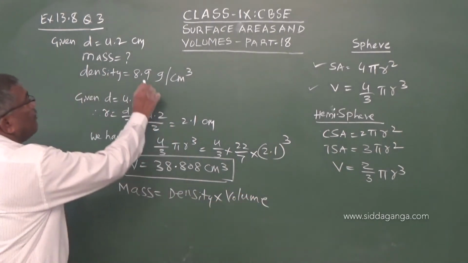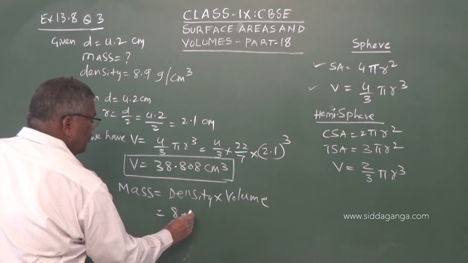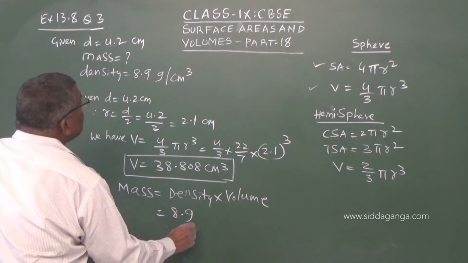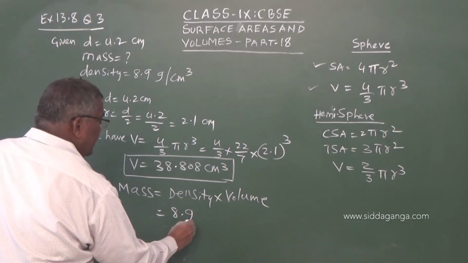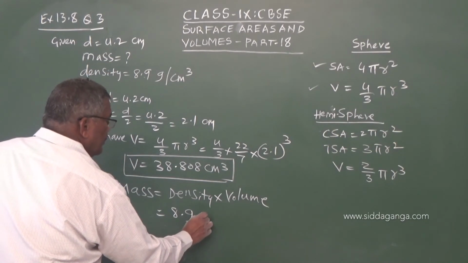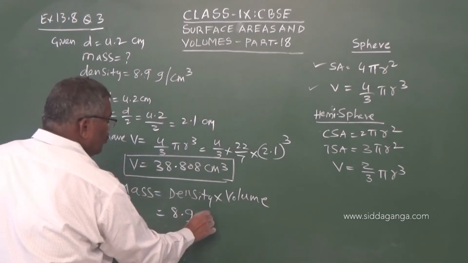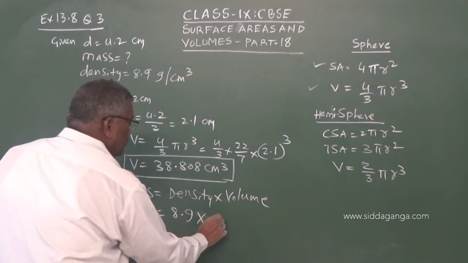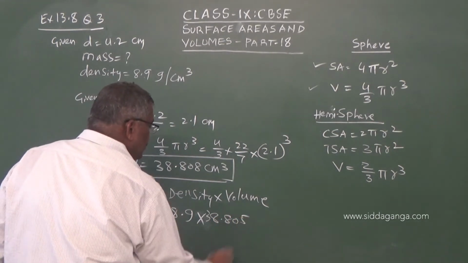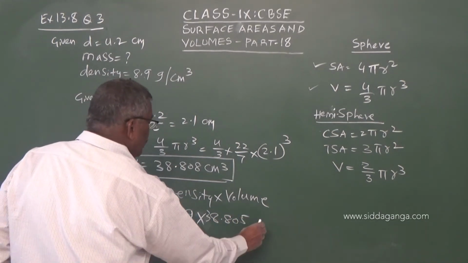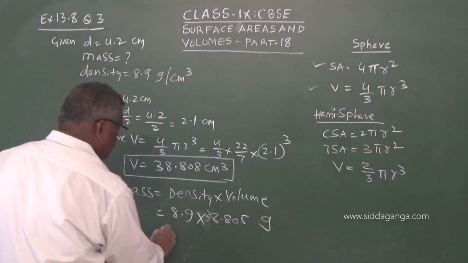So density they have given, that is 8.9 gram per centimeter cube, and volume is 38.808. So you will get mass is equal to so many gram.